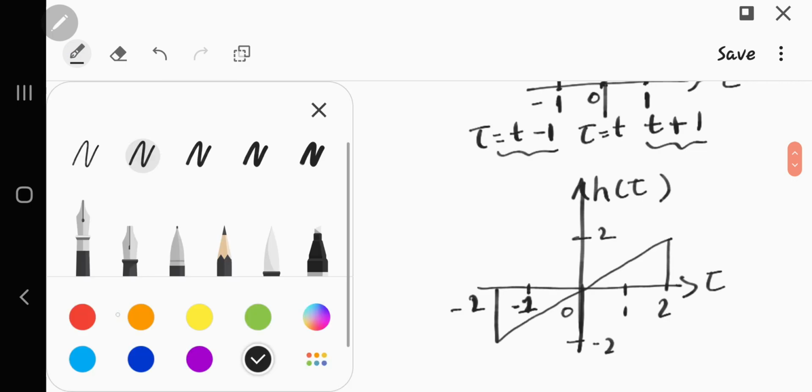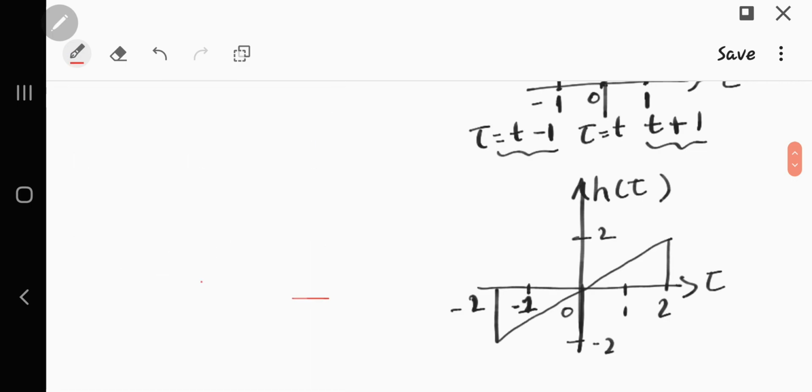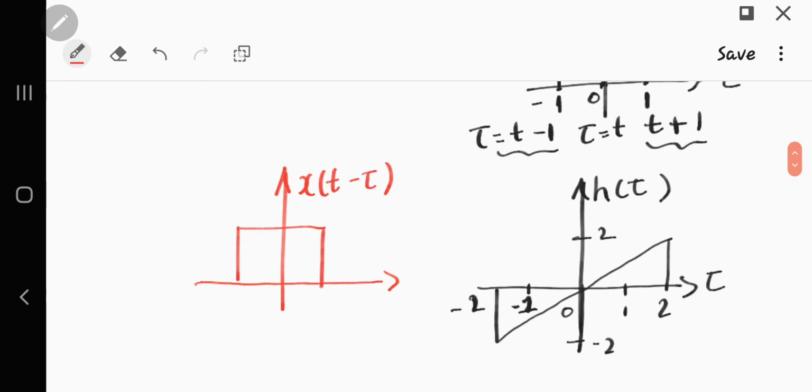Now this x of t minus tau, which is my shifting signal, so it will look like this: t minus tau. These two ends, this is t plus 1 and this is t minus 1 with amplitude 2, and this is the origin, or you can call it as t.